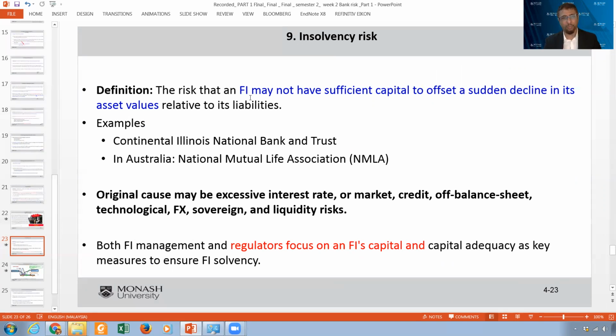There will be losses, but that's fine. If you have enough capital, we can absorb those losses from the capital as long as there is enough buffer.